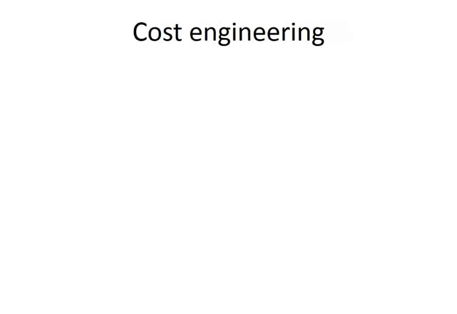Then we have cost engineering, which is the most advanced method of dealing with cost. This is actually the essential cost estimation, which means this is what you do when you want to have your costs estimated in a professional way.